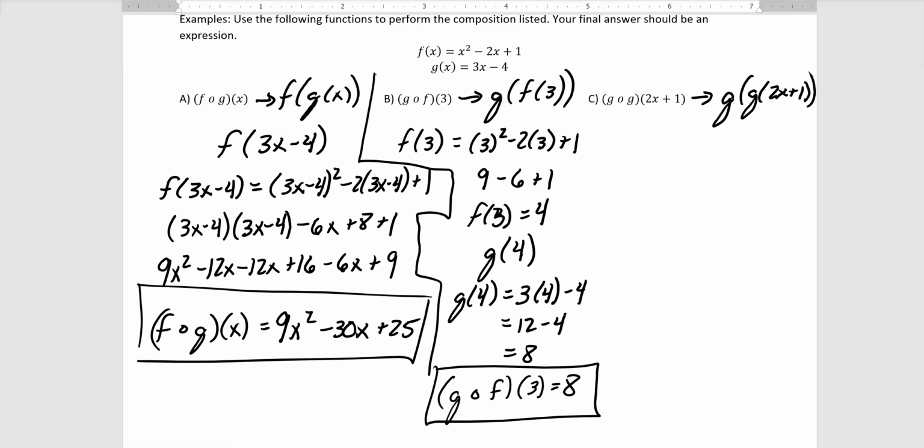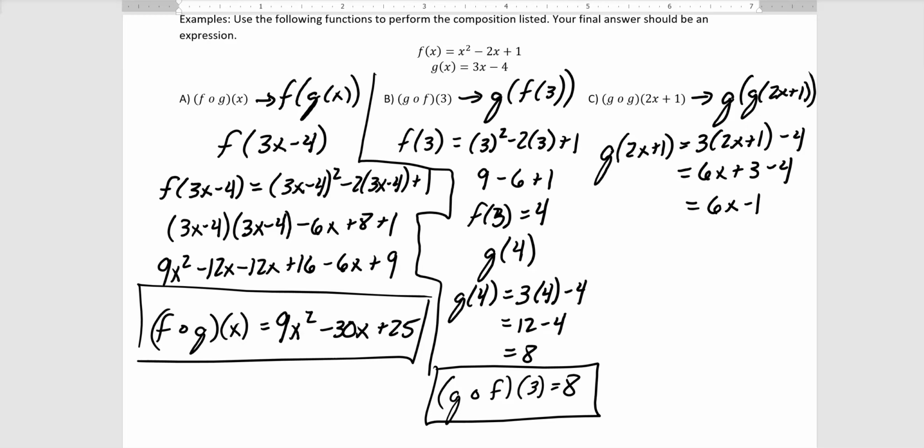All right, so first thing I need to find is g of 2x plus 1. So g of 2x plus 1 equals 3 times (2x plus 1) minus 4. So distribute the 3. 3 times 2x is 6x. 3 times 1 is 3, and then minus 4. 3 minus 4 is negative 1, so 6x minus 1 is g of 2x plus 1.